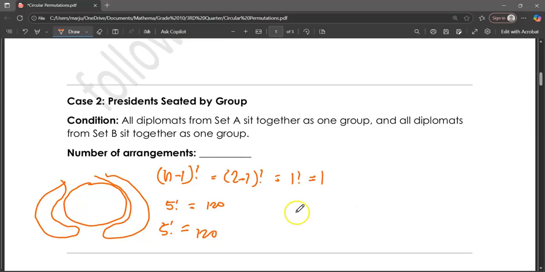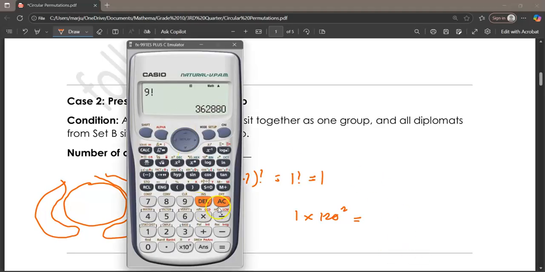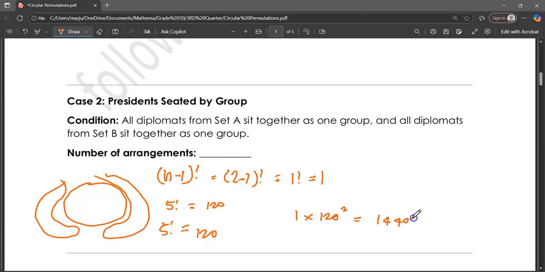So this is just 1 times 120 squared, and 120 squared is 14,400. So there will be 14,400 ways to arrange these 10 diplomats.